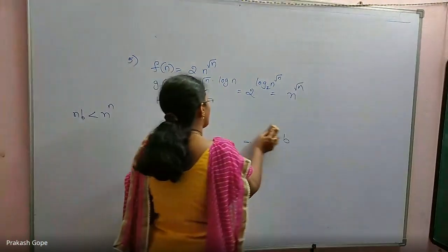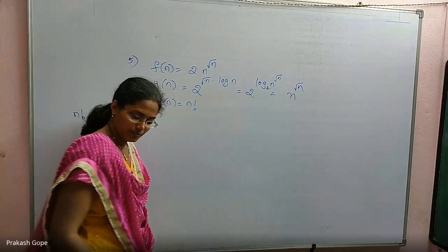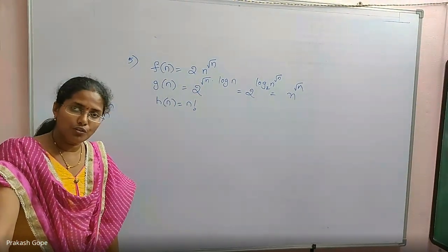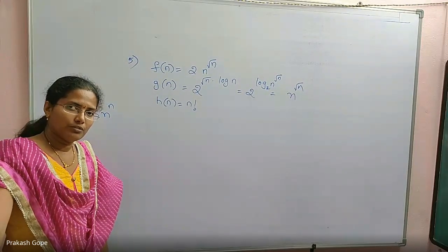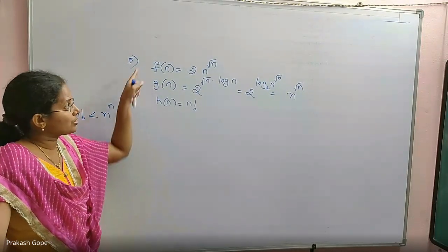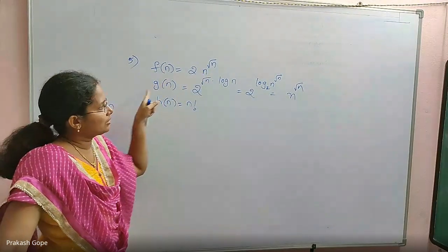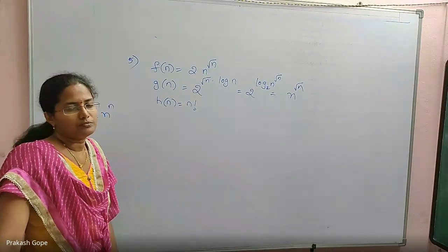Tell me, what is the relation between these two functions? Should I say f of n is big O of g of n, big omega of g of n, or theta of g of n? This is 2 into n power root n, this is just n power root n.